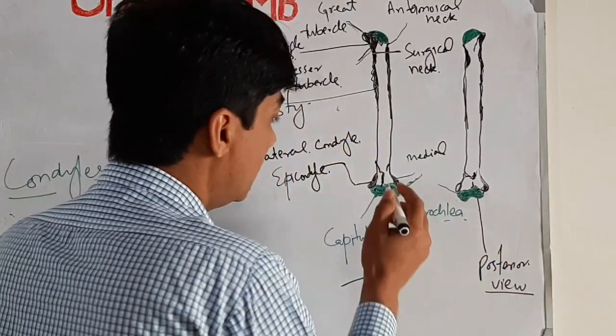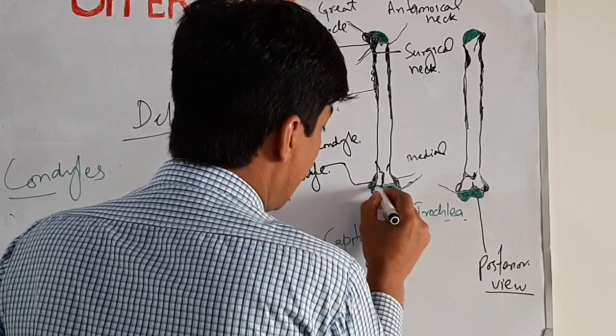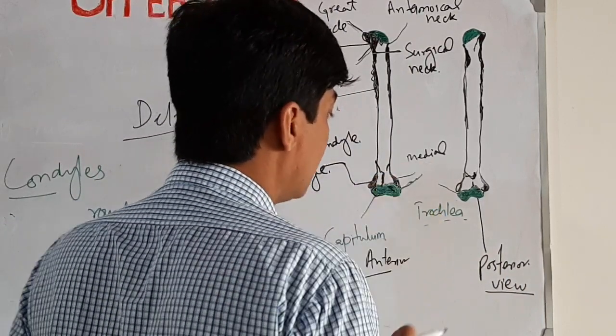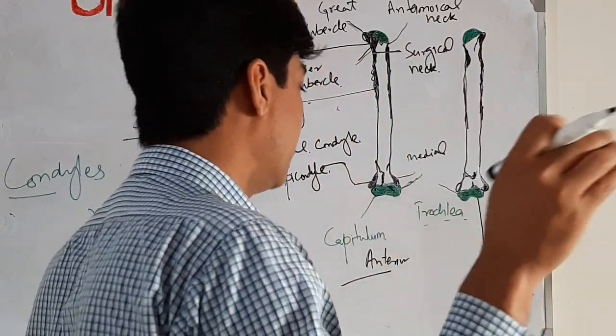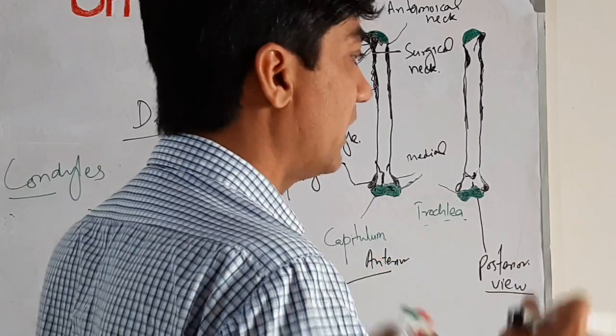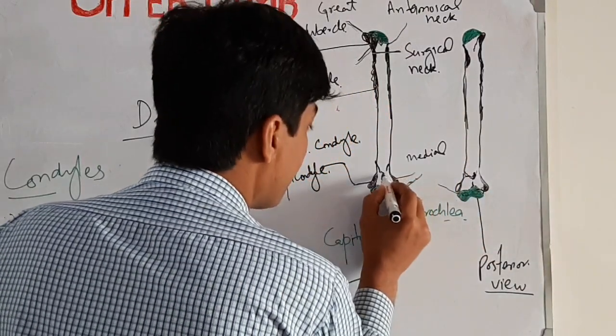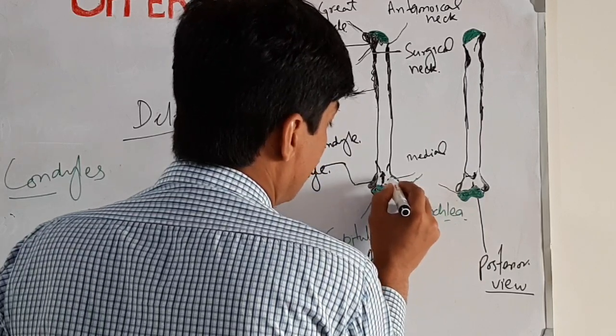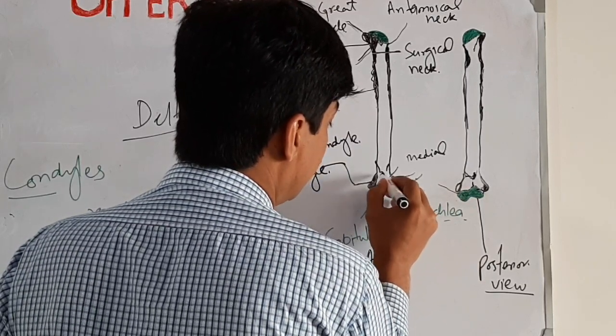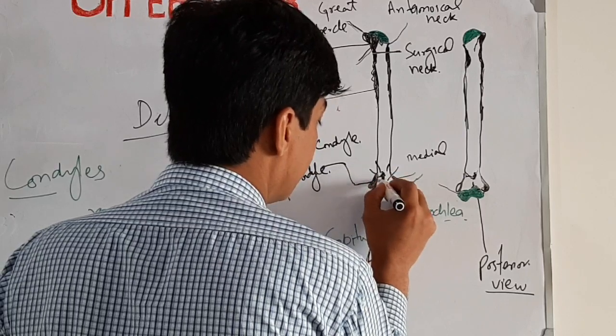So we are here to look at the epicondyle and the fossae, and the part of the ulna as well as the radial bone that makes a joint called the elbow joint. So this is the anterior fossa. One is medial and second is lateral.